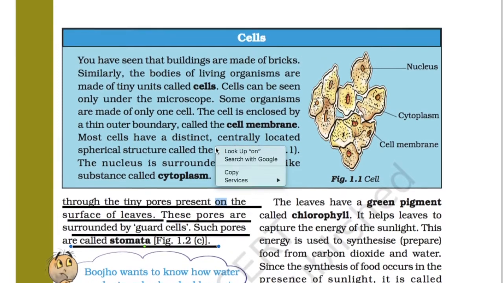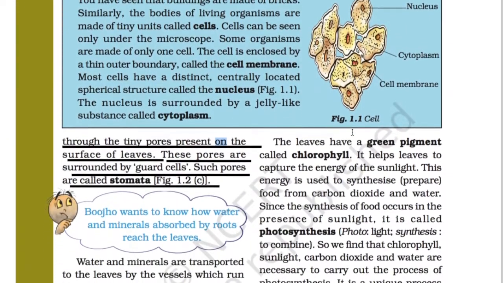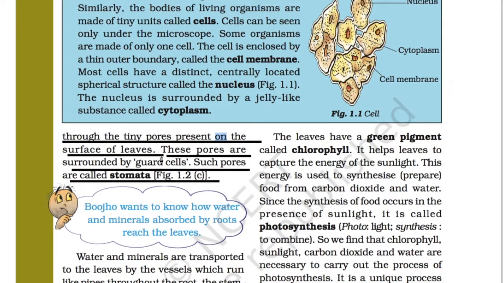So, water and minerals are absorbed by roots and transported to the leaves. Leaves themselves have stomata, so carbon dioxide can be taken in through stomata.